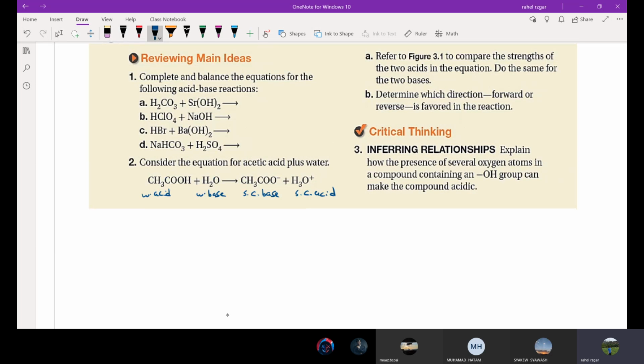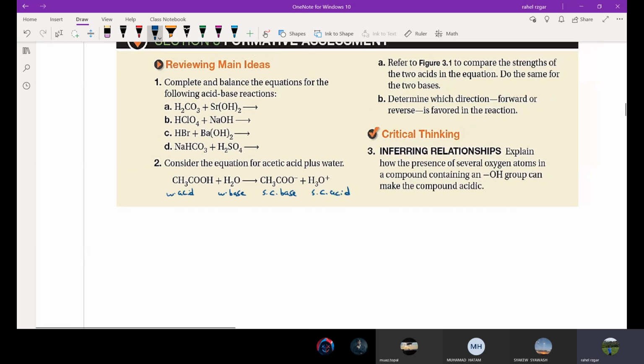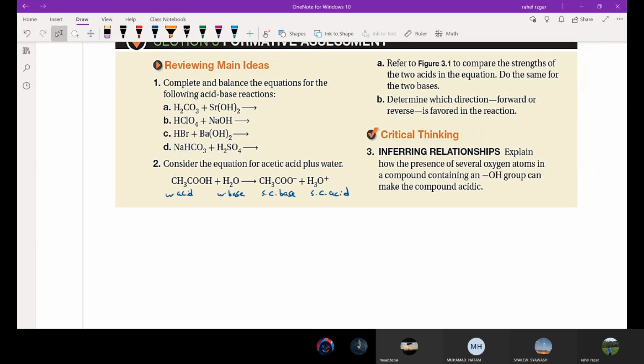Determine which direction, forward or reverse, is favored in the reaction. Can someone please tell me the answer to that question? Teacher, we are solving the A part, isn't it?